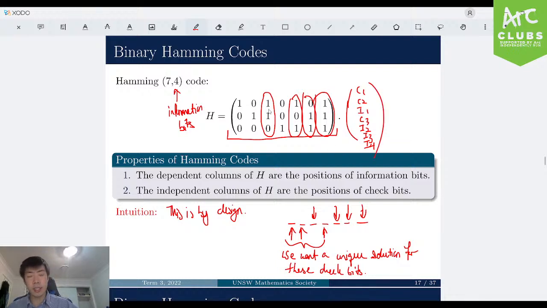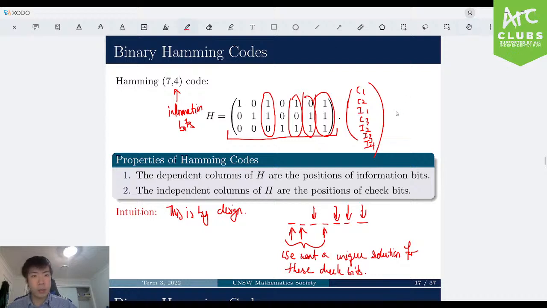When you take the matrix multiplied by this vector, it equals the 0 vector. You want to solve this equal to the 0 vector. You want there to be unique solutions for your check bits, and so you want your check bits to be denoted by these independent positions, in these independent columns. Okay?